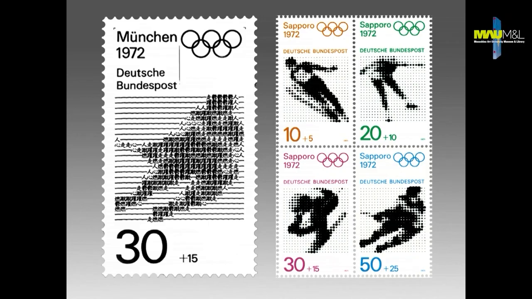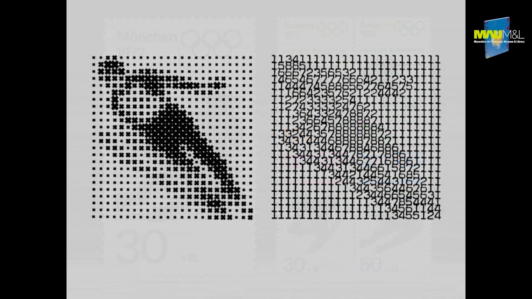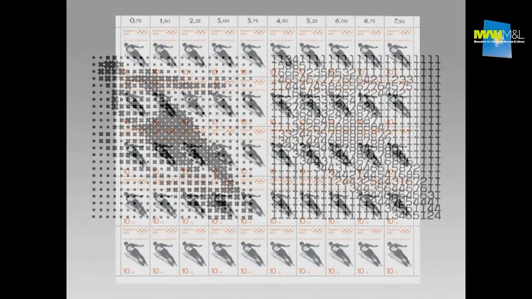The Olympic stamp was finally designed with 4 varieties of dot patterns that you can see here. The design of the commemorative stamps of Sapporo Olympics in 1972 was done not with characters or numbers but using dot pattern.